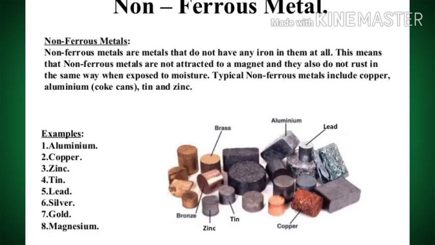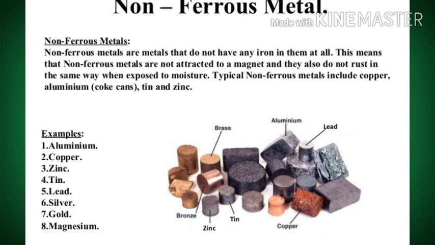And the second is non-ferrous metallic minerals. What is this? Minerals which do not have iron content are referred to as non-ferrous minerals. For example, gold, copper, tin and aluminium. They are found in all types of rocks.